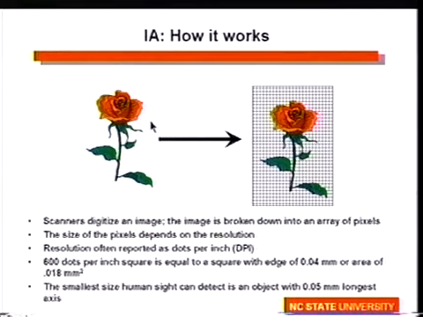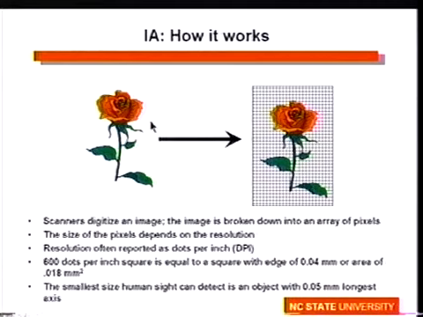That means there are 600 pixels, or dots, in a linear inch. So basically that converts to a square with an edge of about 0.04 millimeters, or an area of about 0.018 square millimeters.